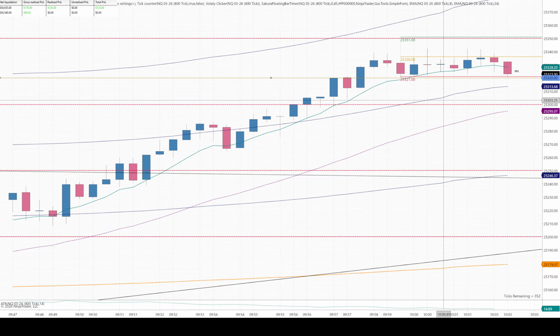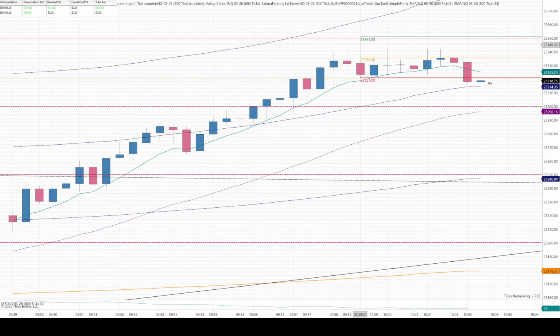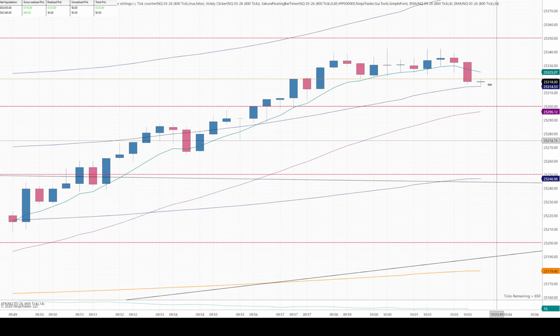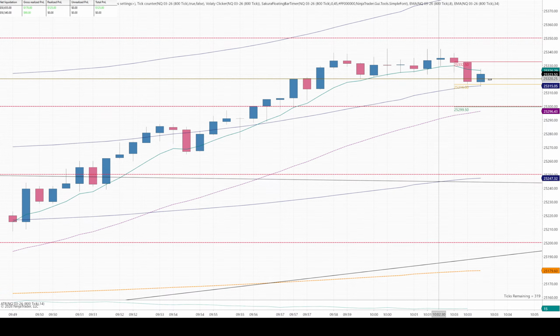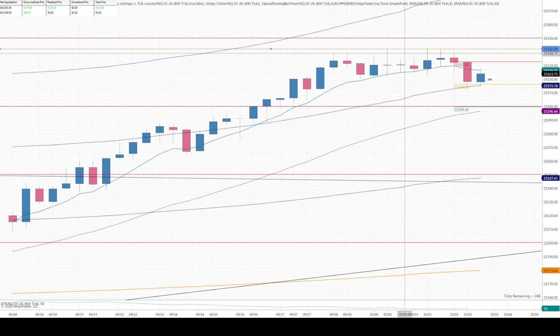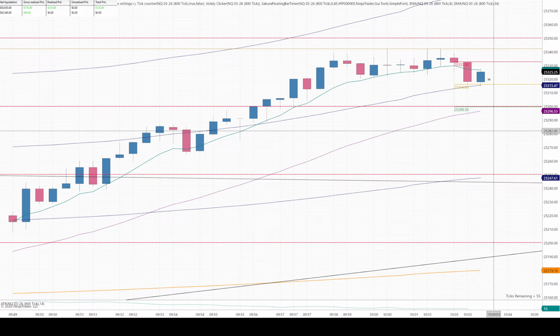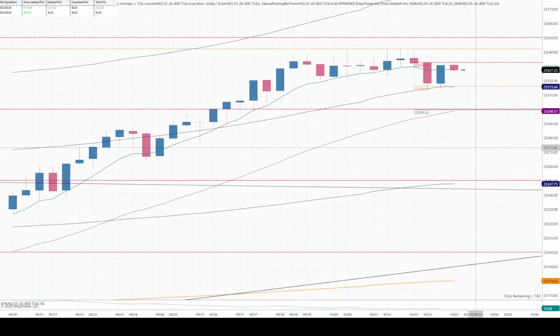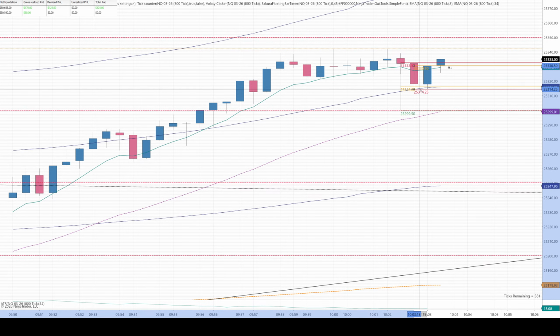It will be a transition when we break the golden ruler right here, which we just did. So, another bullish signal here.